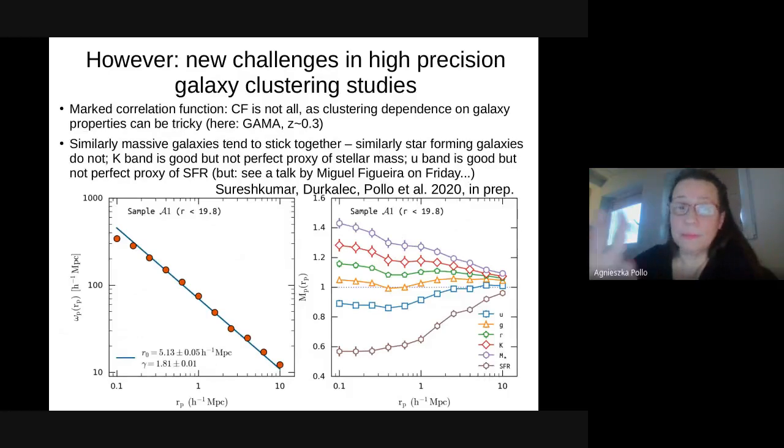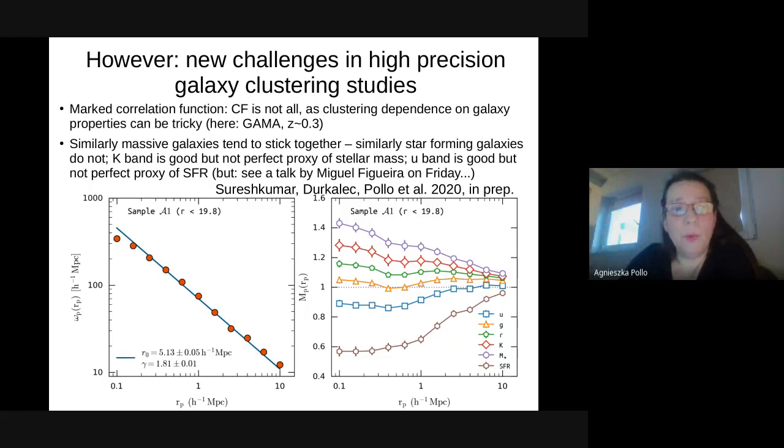We can look for more interesting populations of galaxies in NEP Wide now. And just a word of caution, but maybe also something we would like to dwell on more, is that right now clustering studies for most of us mean measuring the correlation function.